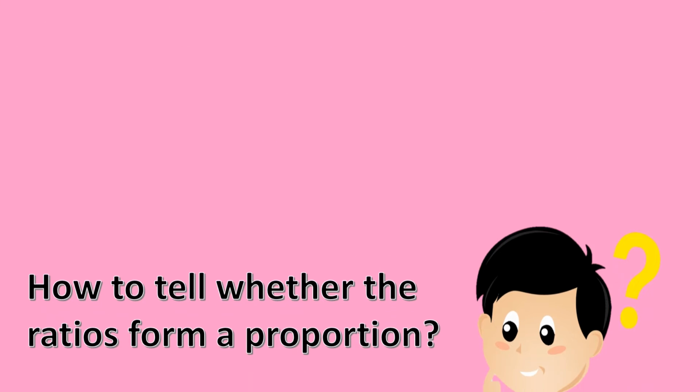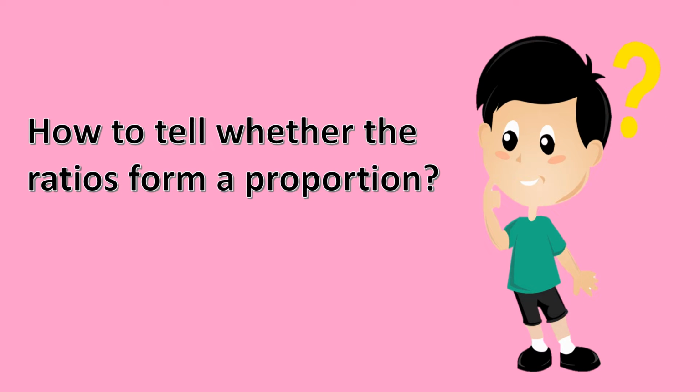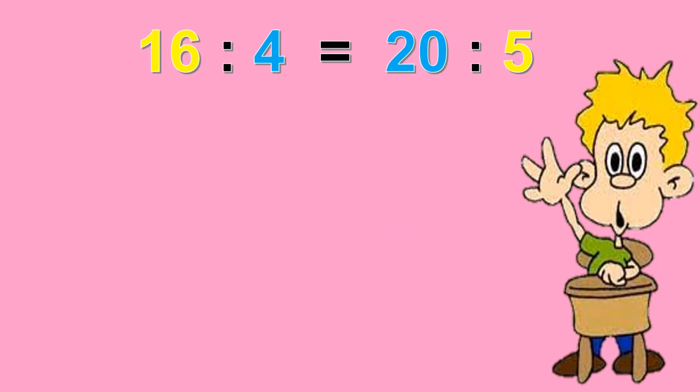Now, let's answer the two questions earlier. First, how to tell whether the ratios form a proportion. Let's answer this question by giving a problem. Example: 16:4 equals 20:5.